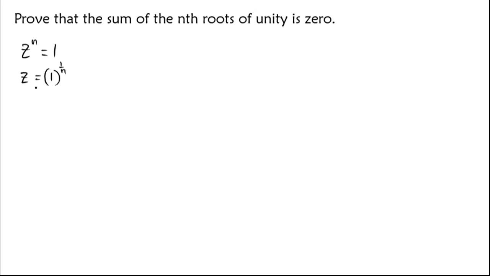So using de Moivre's theorem, this means that zk is equal to cos 1 over n multiplied by the theta that we have, then plus I sine 1 over n multiplied by theta.